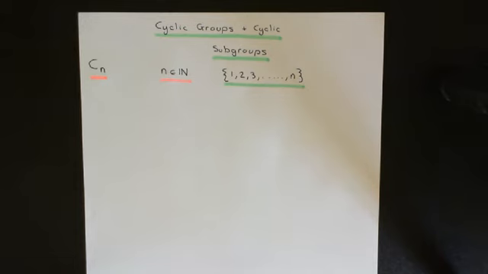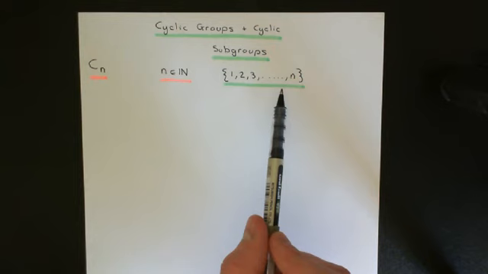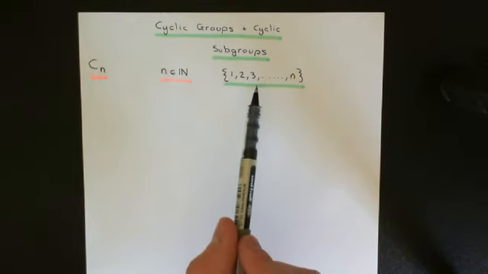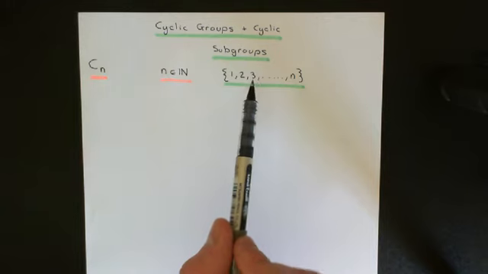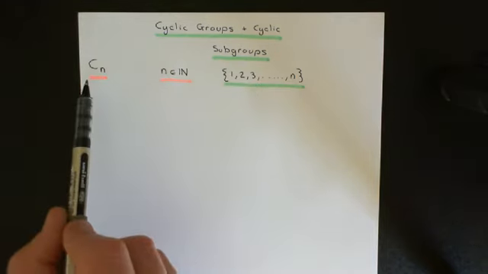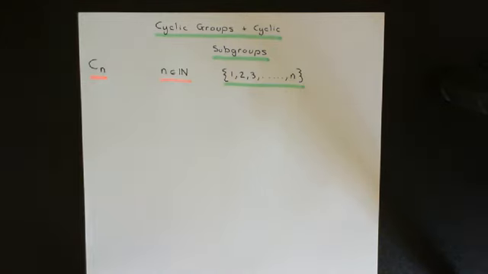And basically the way that we are going to generate the finite cyclic group Cn is we are going to look at all of the cyclic set permutations of this set of little n numbers. We're going to give every single one of those cyclic set permutations a symbol. We're going to stick all of those symbols into a set, and that set is going to form our cyclic group Cn, basically.